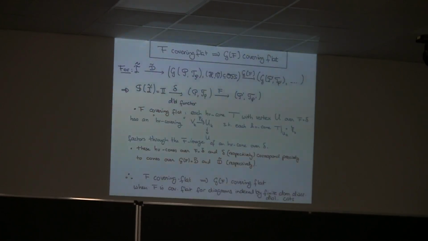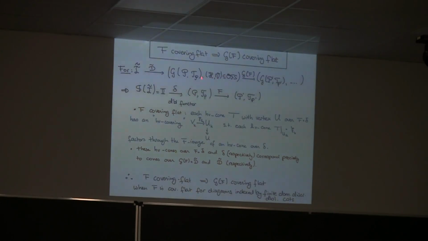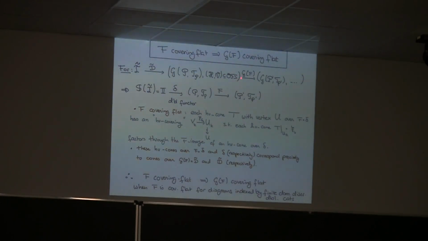And to show you how that works, if I have an F between two generalized Ehresmann sites, and it's covering flat, I'll show that the corresponding Grothendieck arrow is covering flat. So I take the diagram into G of P with my strict factorization system here of horizontal and vertical arrows.